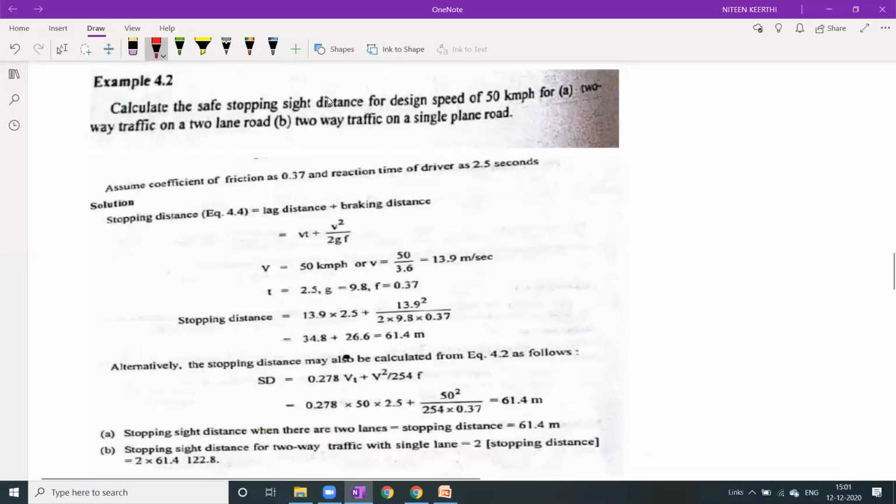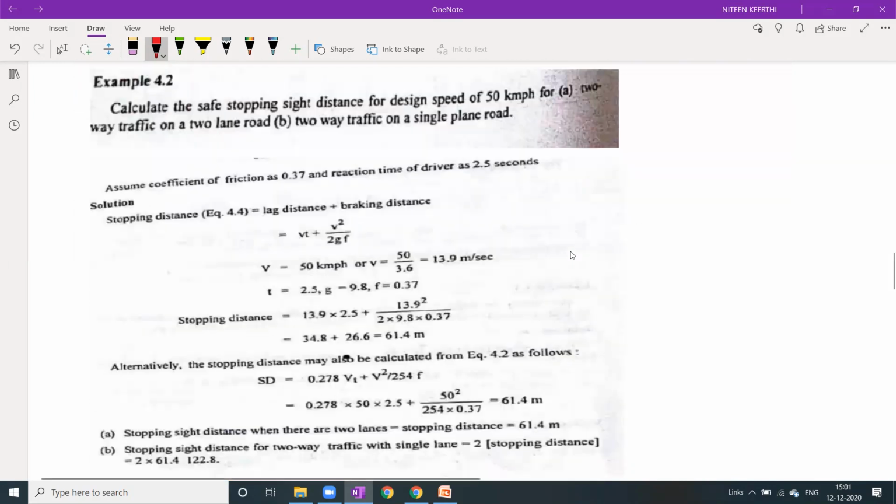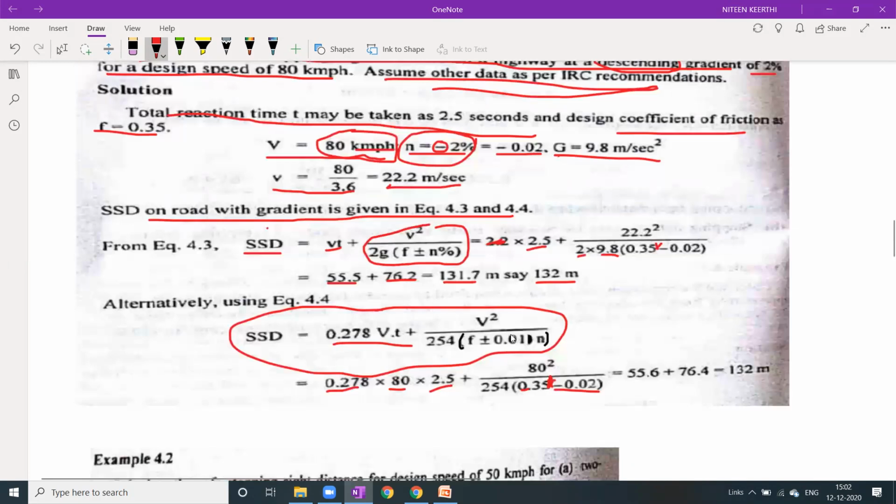Next, coming to calculating the stopping sight distance, remember always to take the minus 0.02 correctly. This textbook screenshot is confusing me: here directly it is plus or minus, not into, sorry. So this is minus 0.02.